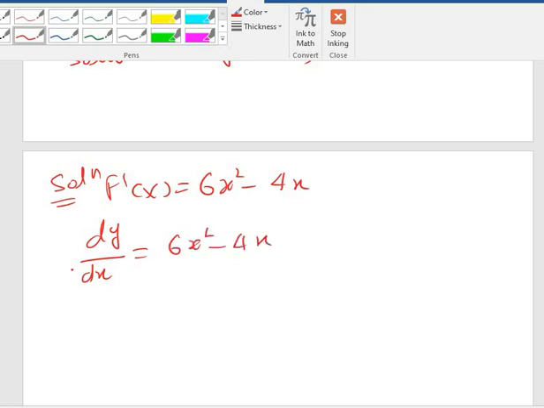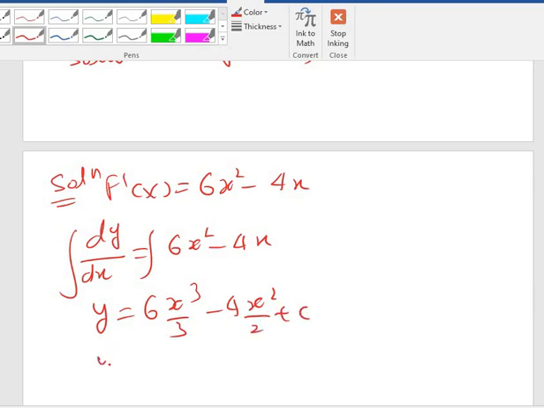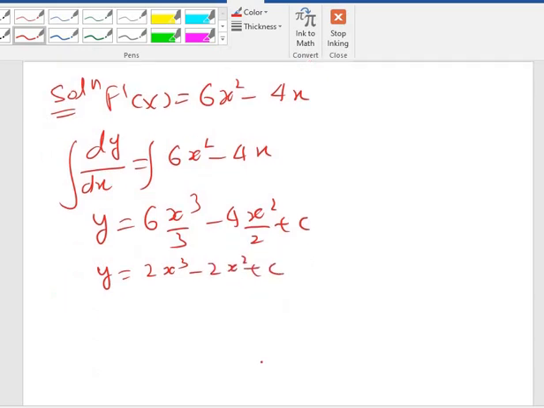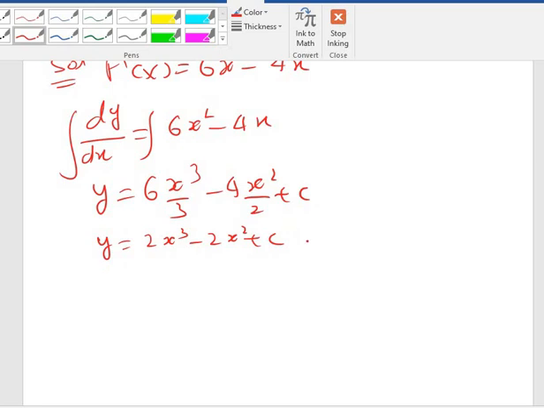Just integrate it. So y, the integration of this, is 6x power 3 by 3 minus 4x square by 2 plus c, or y is equal to 2x power 3 minus 2x square plus c. But it is given that it is passing through the point (1, 3), the point P. It means replace x is equal to 1, y is equal to 3.